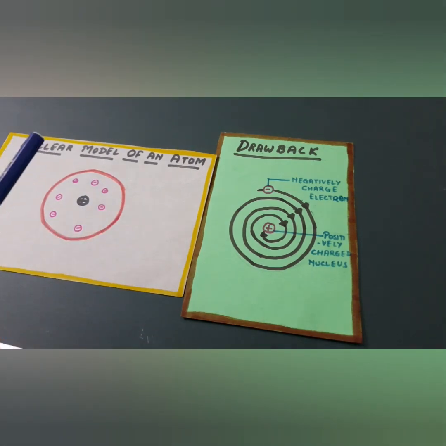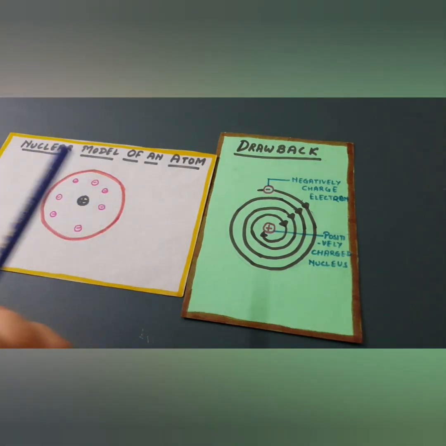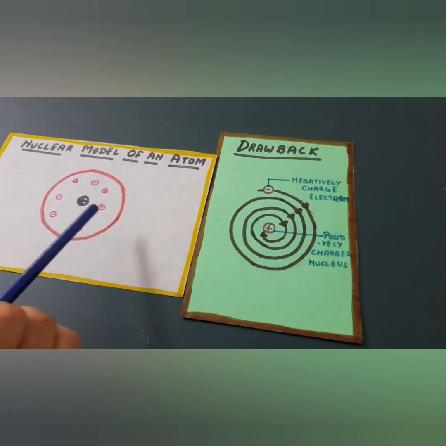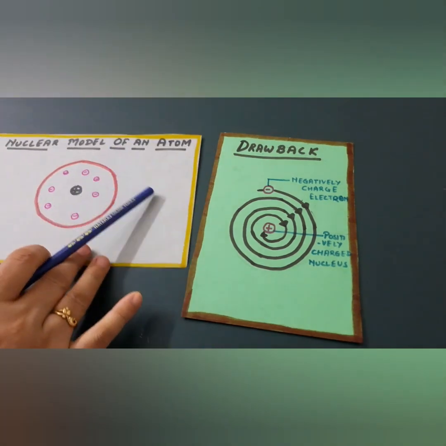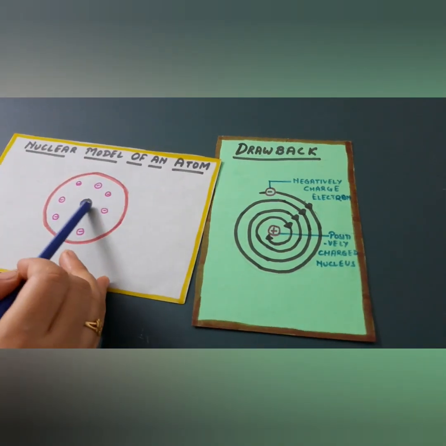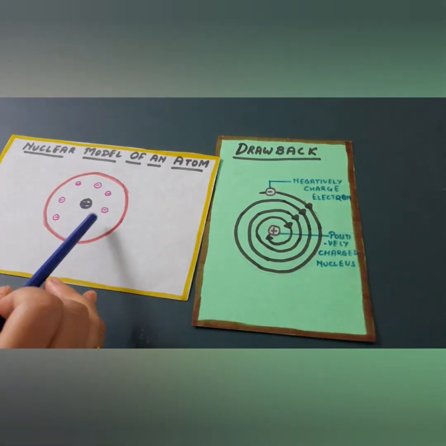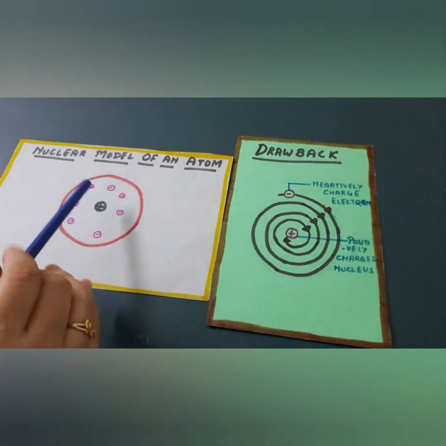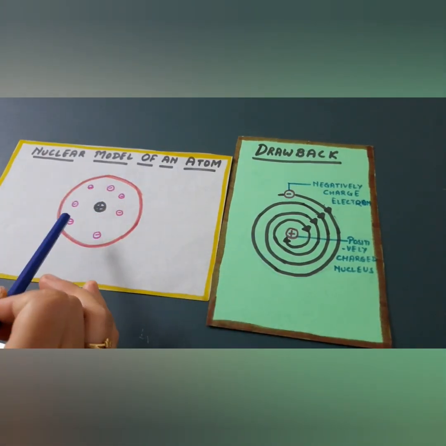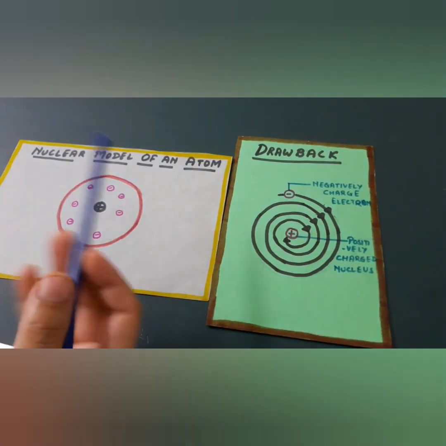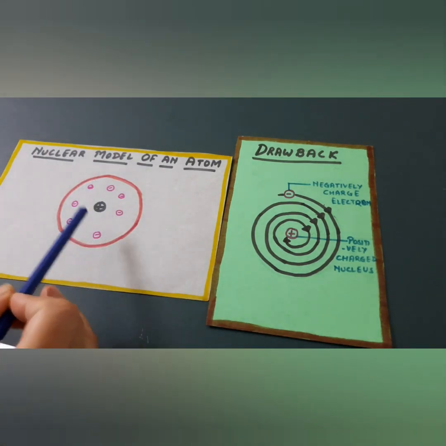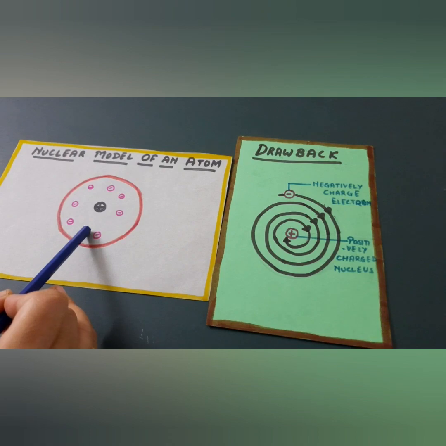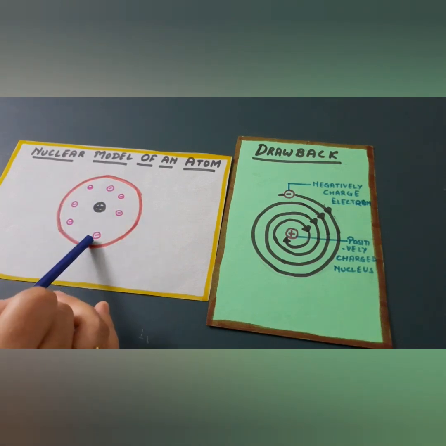When he compared this to the solar system, what happens is that when something is moving around a circular path and it is a charged particle, then it accelerates, and it radiates its energy.